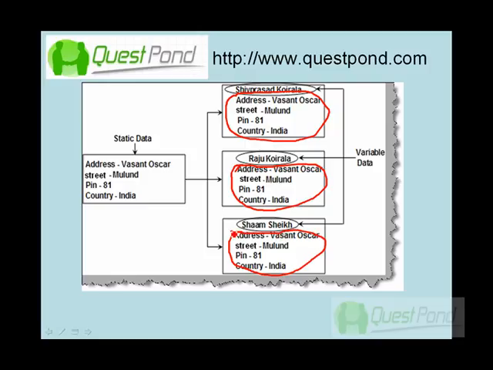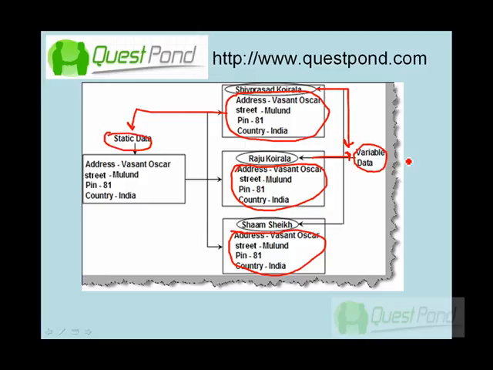That is the address part, which we'll call static data. The other one is the name of the person, the manager or the worker or whatever it is. The person's name is variable data that will change. So there are two types of data: the static data and the variable data.